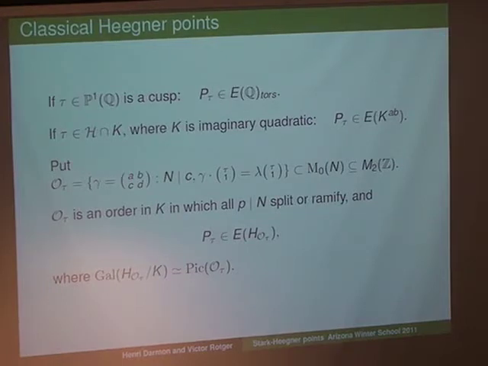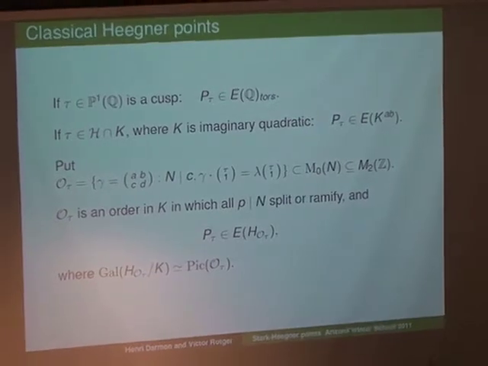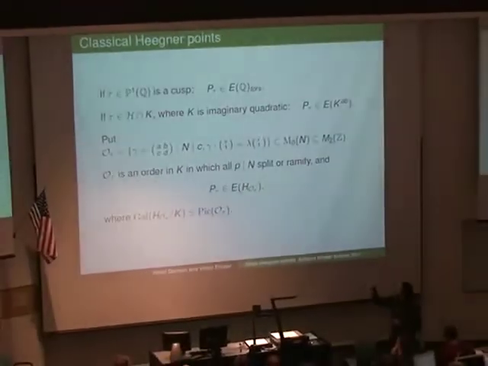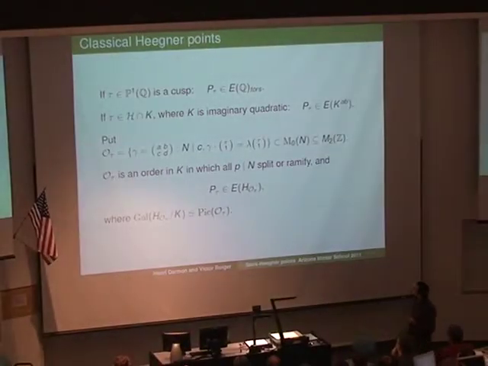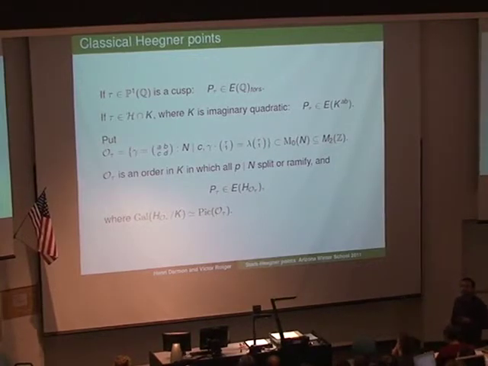And what you more precisely have, so before I said that this is a point which is rational over an abelian extension of K, what you more precisely have is that this point is rational over what people call the ring class field attached to this order. Okay, so by class field theory, this is the class field whose Galois group is isomorphic via the Artin reciprocity map to the Picard group of this quadratic ring.